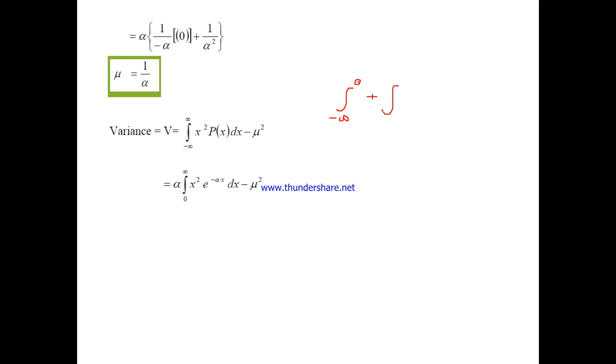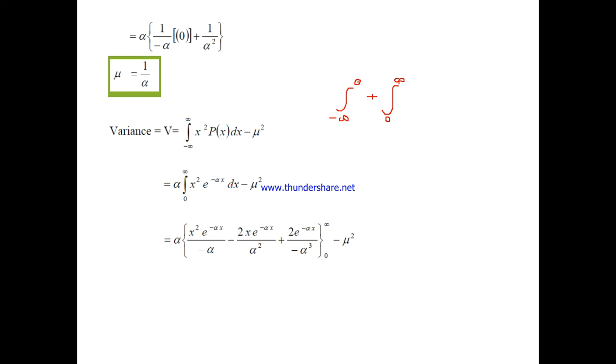That is why in our next step, we just have the second term. We have directly written down the substitution for p of x, which is nothing but alpha into e power minus alpha x. Integrating, we end up with this.